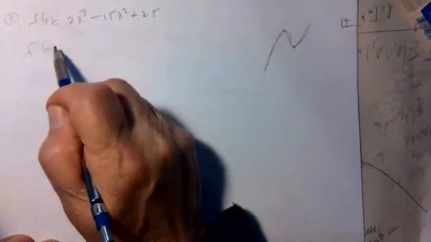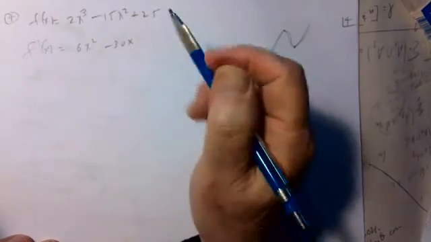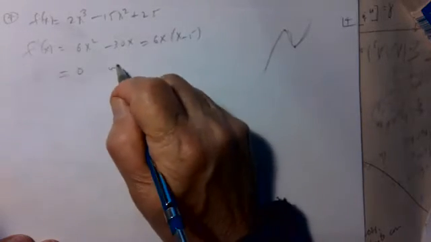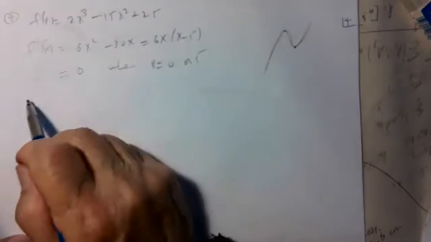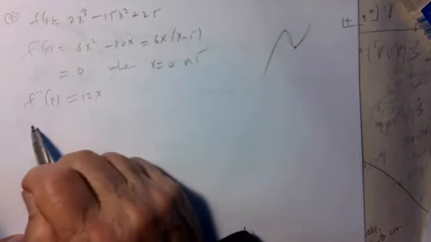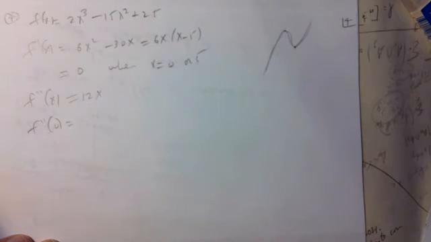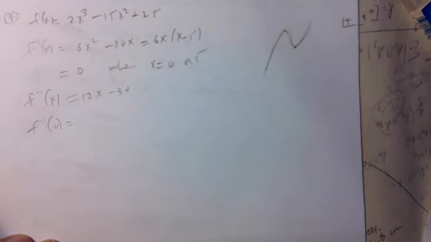Let's see. The first derivative is 6x squared minus 30x, which factors into 6x times x minus 5. So this is equal to 0 when x equals 0 or 5. If we take the second derivative, we get 12x minus 30.